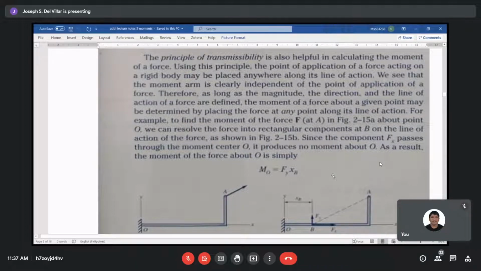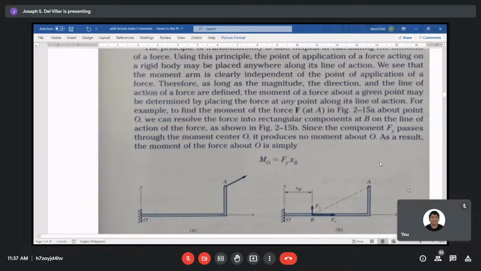Ibig sabihin ng transmissibility, yung point of application of the force acting on the body may be transferred or may be placed anywhere along the line of action. Ito yung line of action niya. Kahit saan dyan na point, pwede mong ilagay yung force. Kasi kanina, nag-umpisa tayo, yung force naka-apply lang sa A. But in effect, pwede mo siyang i-transfer kahit saan as long as nandun lang siya sa line of action niya.